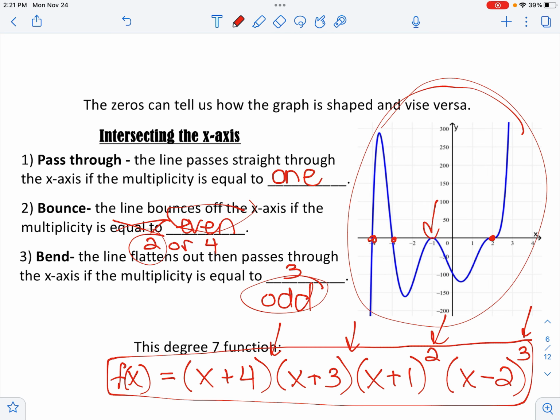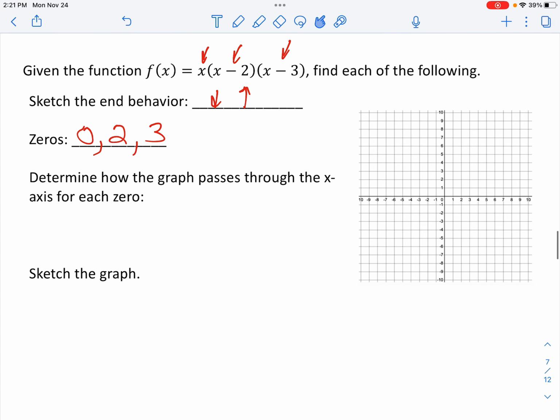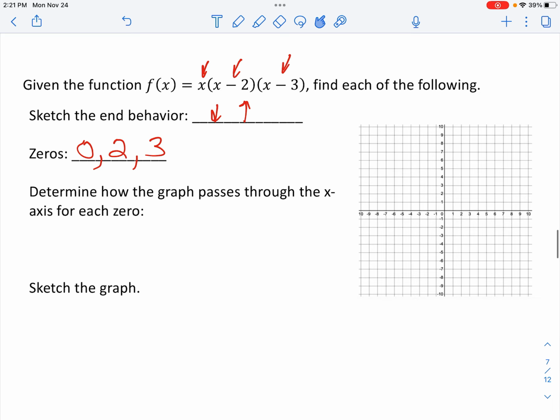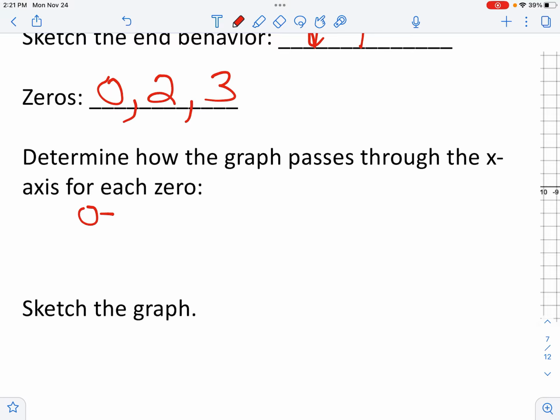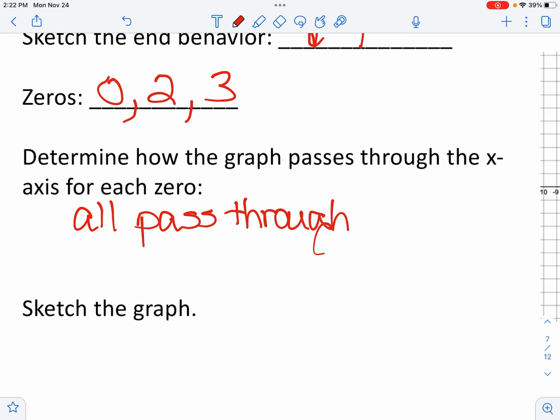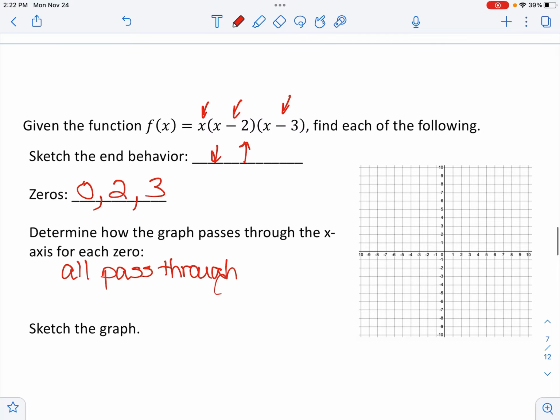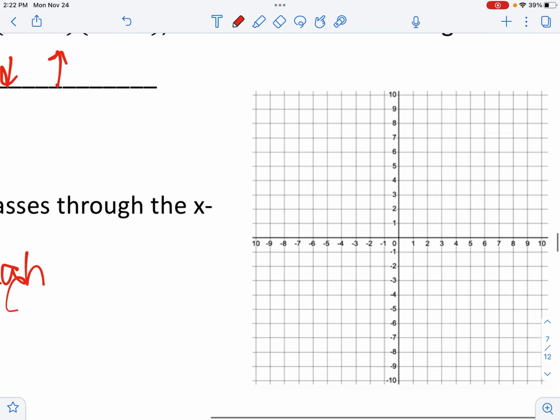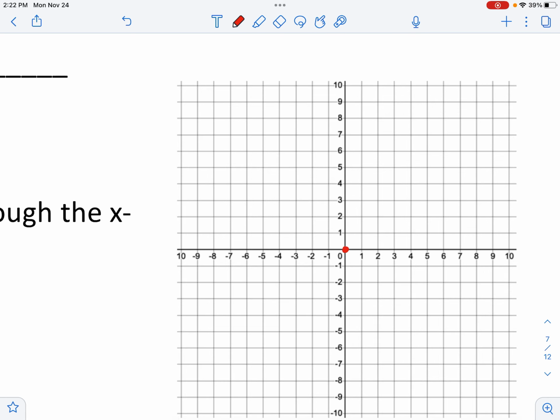So that's what I should have. Actually, let's just say they all pass through. So I know that I should have a zero at 0.